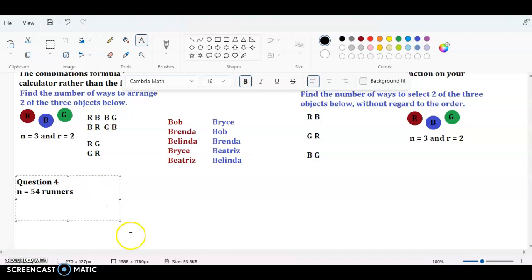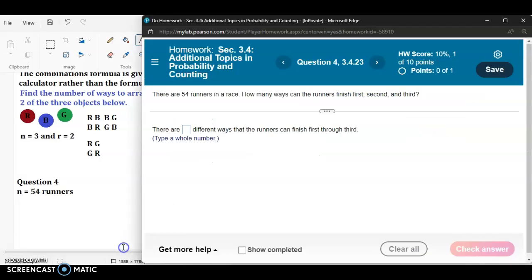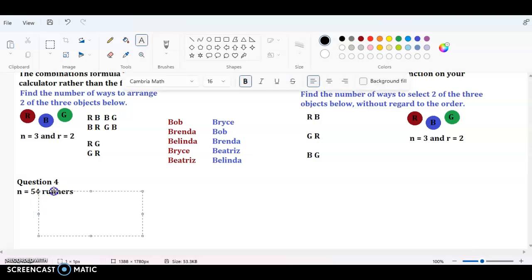And then how many ways can these runners come in first, second, and third? You can think of this as r being equal to 3. So the question is, is this a permutation or a combination problem? And like I said earlier, you can probably think of this as a counting principle problem.